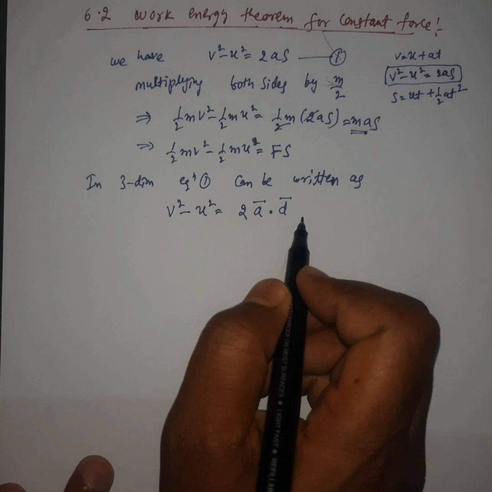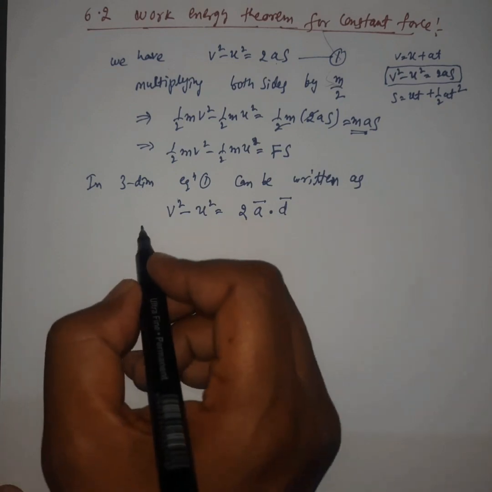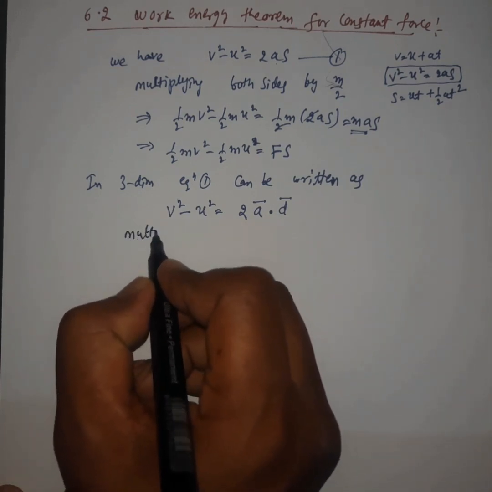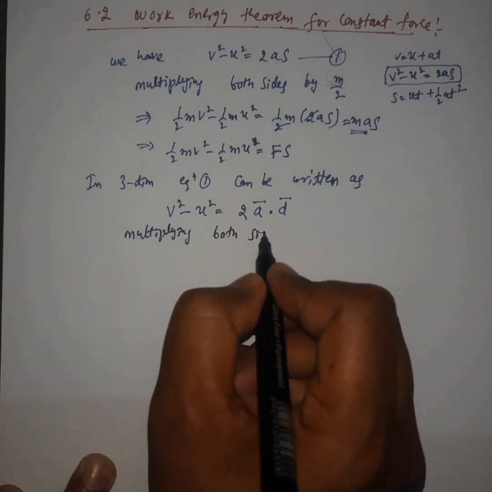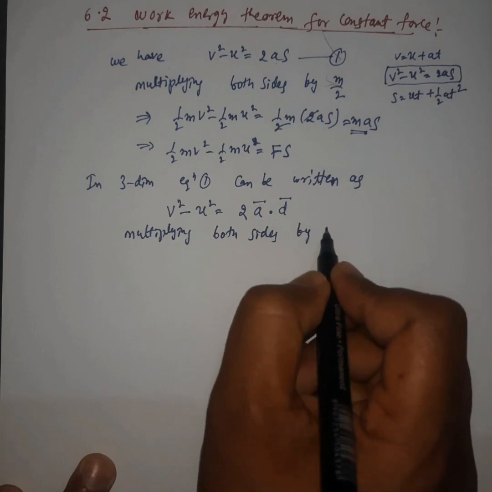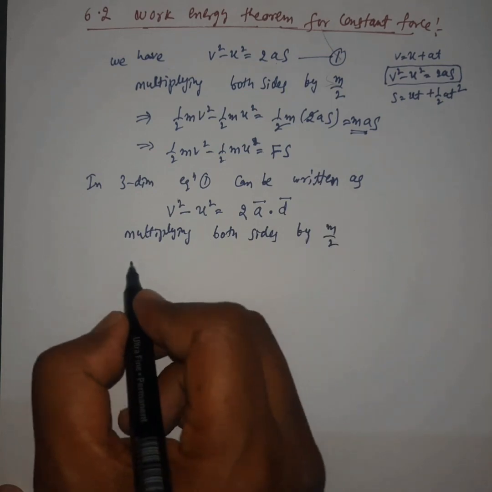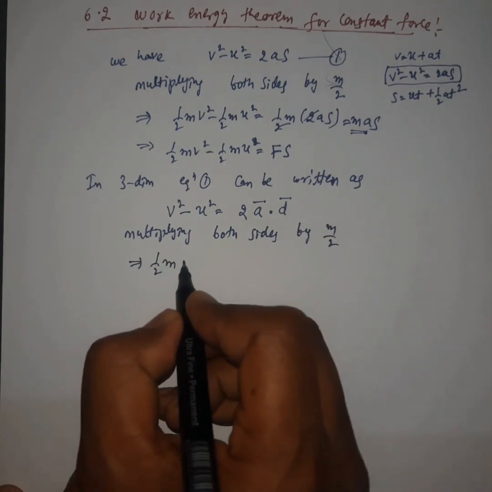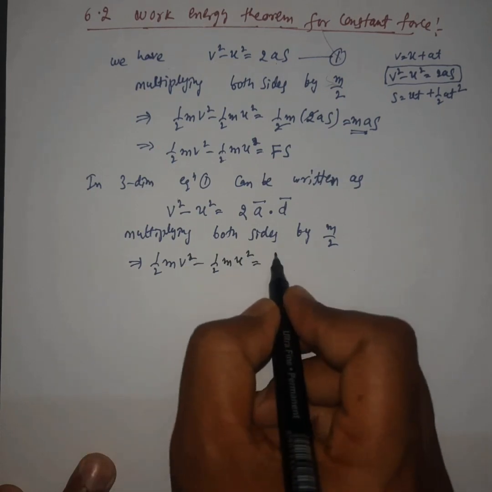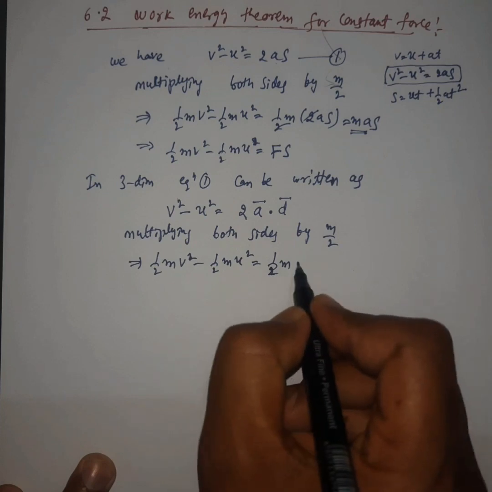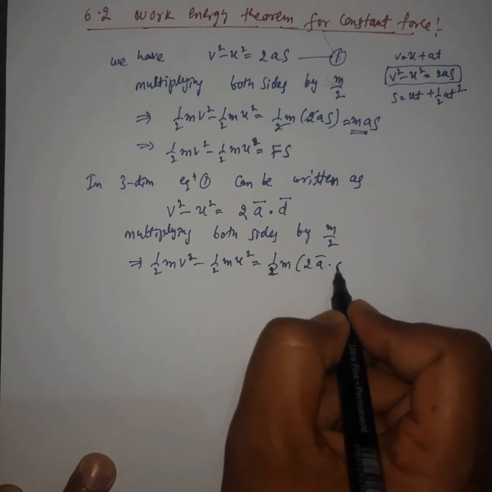So here also I am multiplying both sides by m by 2. So we get 1 by 2 mv square minus 1 by 2 mu square is equal to 1 by 2 m into 2 a bar dot d bar.